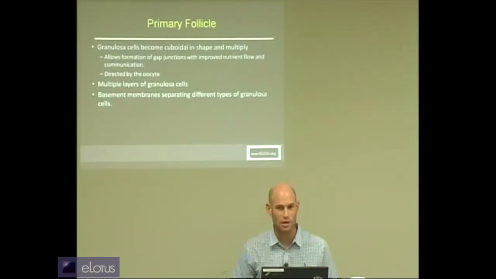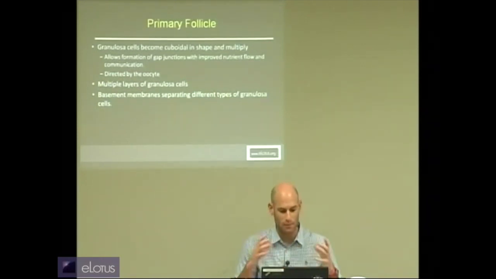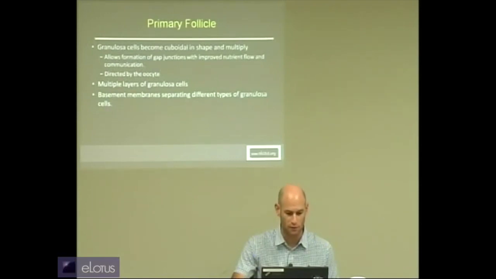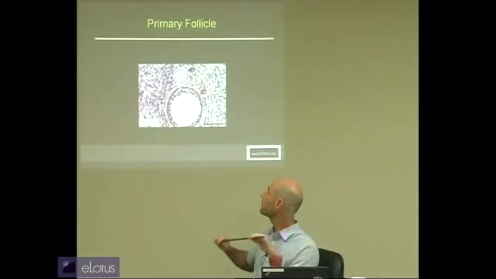And this is actually a process directed by the oocyte, meaning if an oocyte is removed from a primordial follicle, this process won't occur. The granulosa cells then form multiple layers, and there's a basement membrane that forms, separating the different granulosa cells.